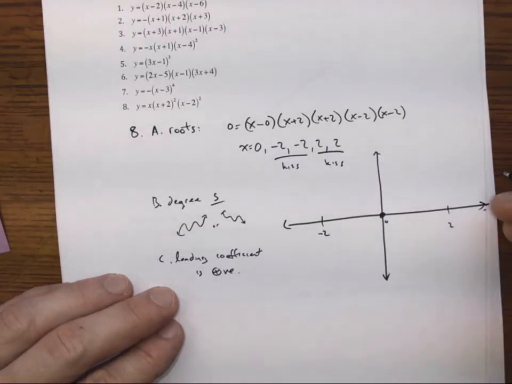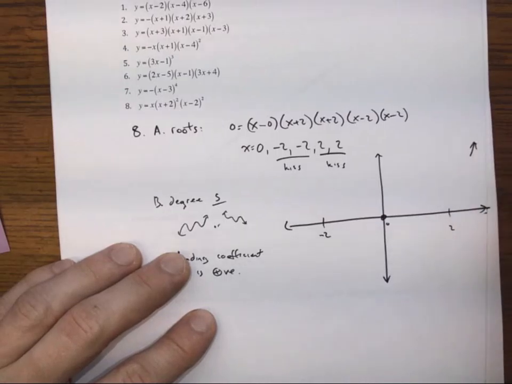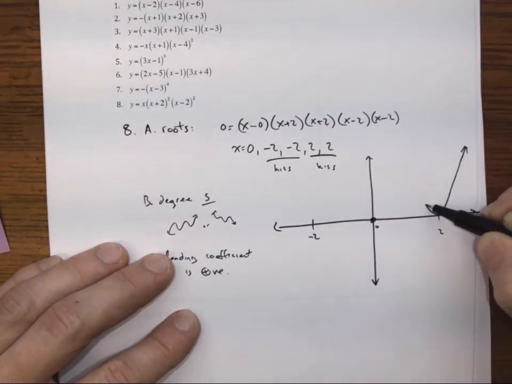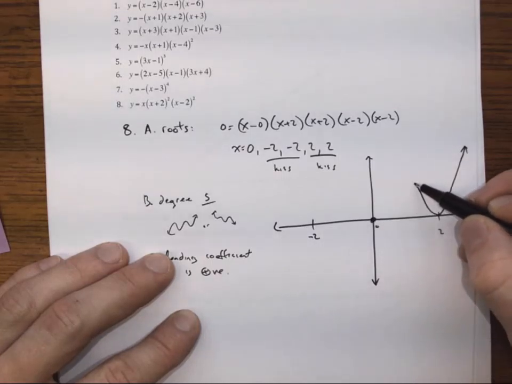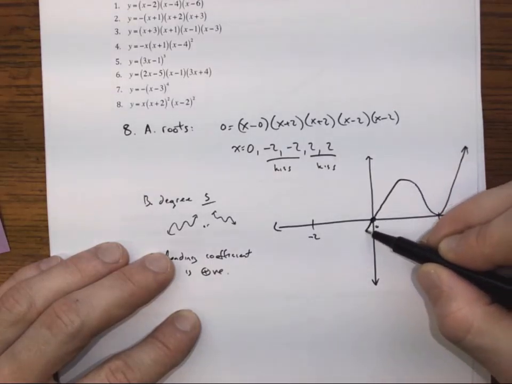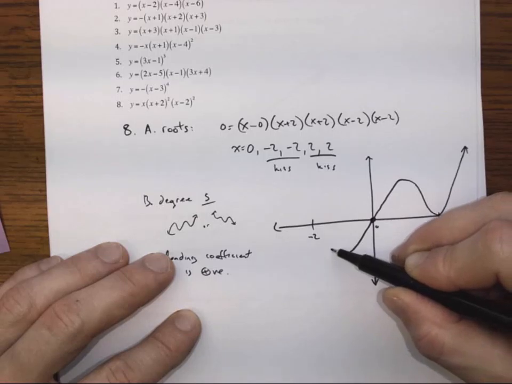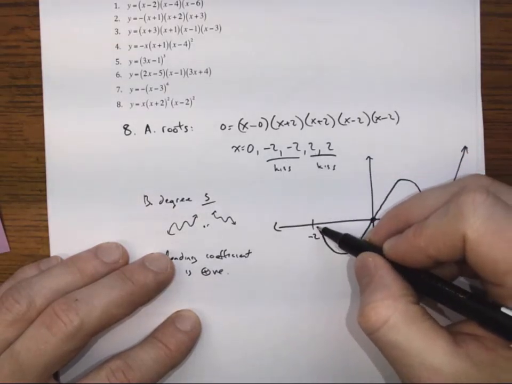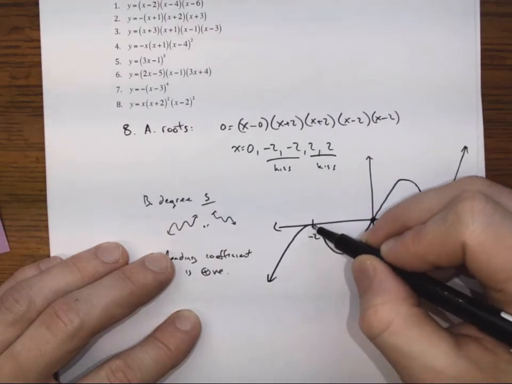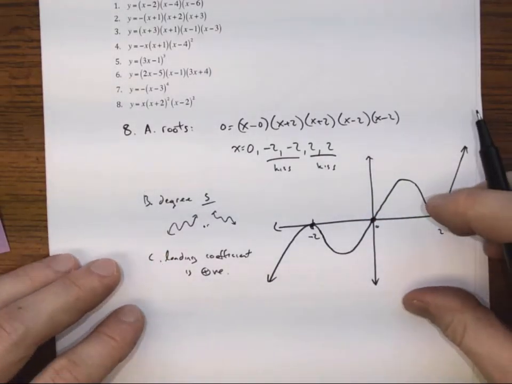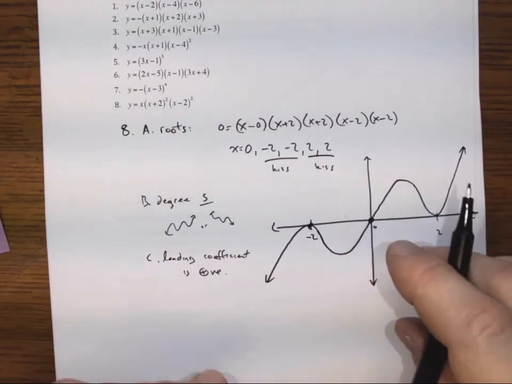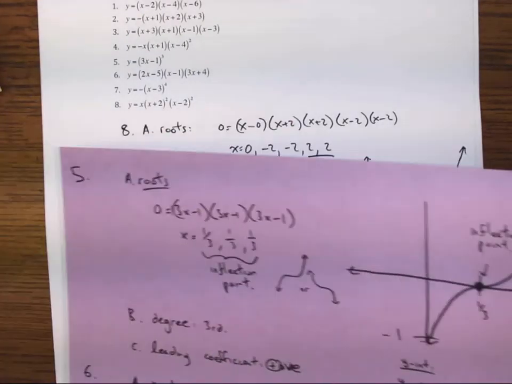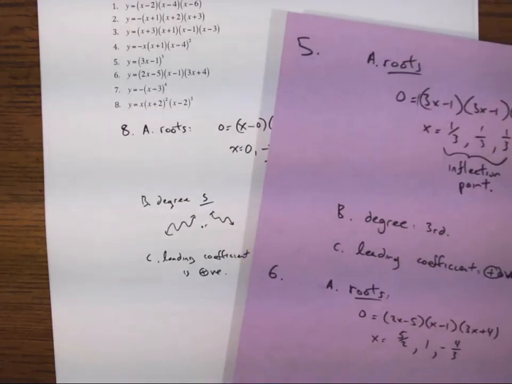So that means it's going to end pointing upward to positive infinity. So let's see if we can connect these dots here. So it's going to come down and kiss back up, but then it has to bounce back down to go through 0, and it's got to do the same, bounce back up to come to -2. Then it's got to do another kiss, so it's going to bounce back down, like so. All right. And those are how we sketch these polynomials. So let me know if you have any questions about any of this.